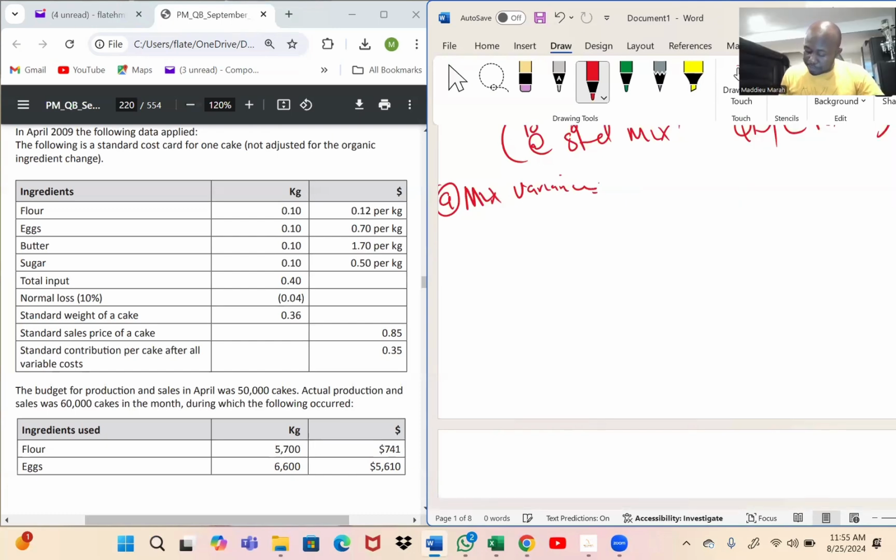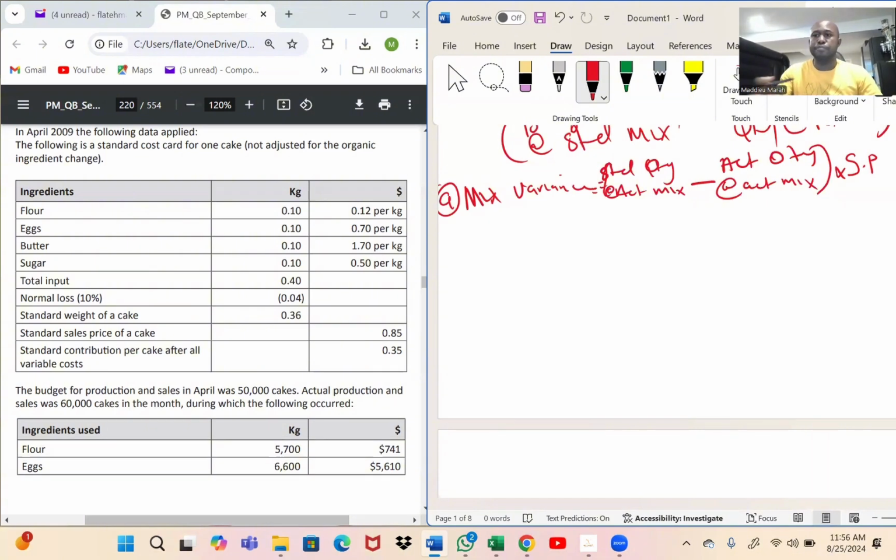The formula is standard quantity at actual mix minus actual quantity at actual mix, multiplied by the selling price. Okay, so this is the formula for mix variance.